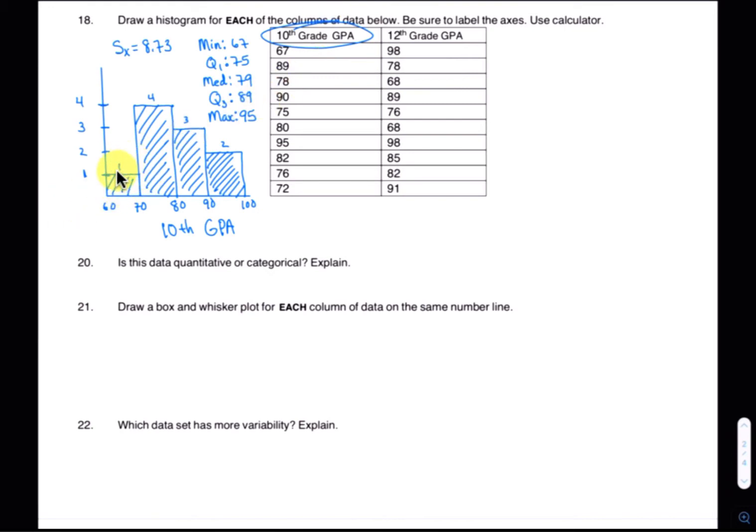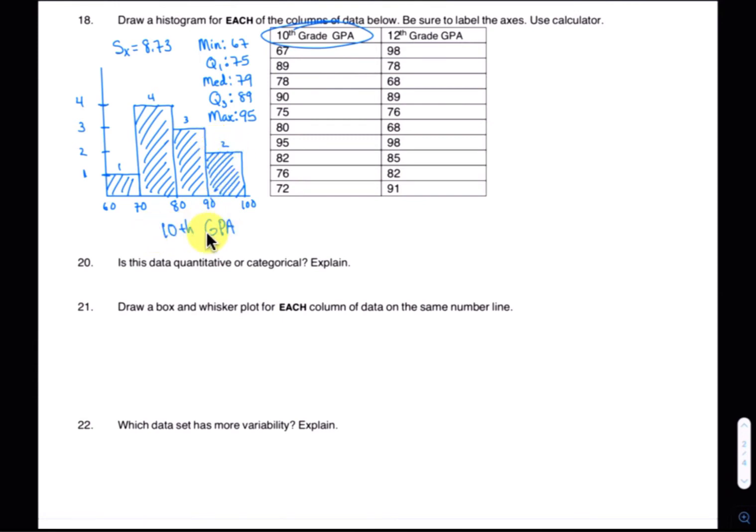As we said earlier, we have 1 that's in the 60s. So your first column would go from 60 to 69 and the height of 1. We said we had 4 numbers in the 70s, so you have the next column going up to a height of 4 and ranging from 70 to 79. In the third column, we had 3 of those in the 80s, from 80 to 89. And in the last category is the 90s, and there were 2 of those.